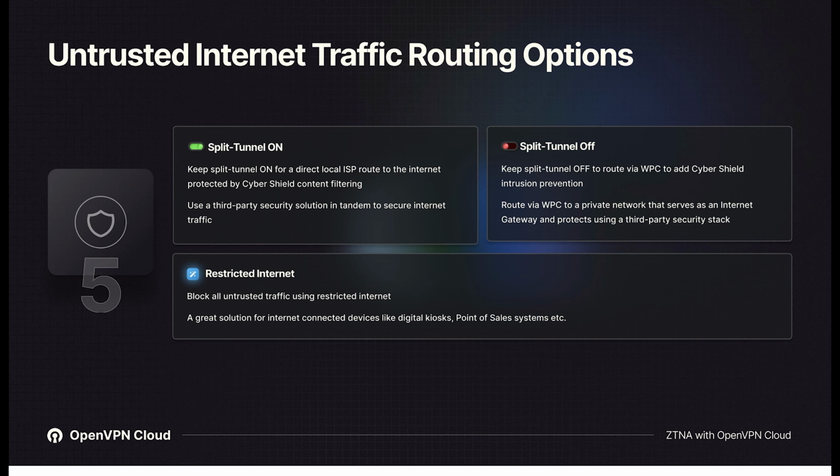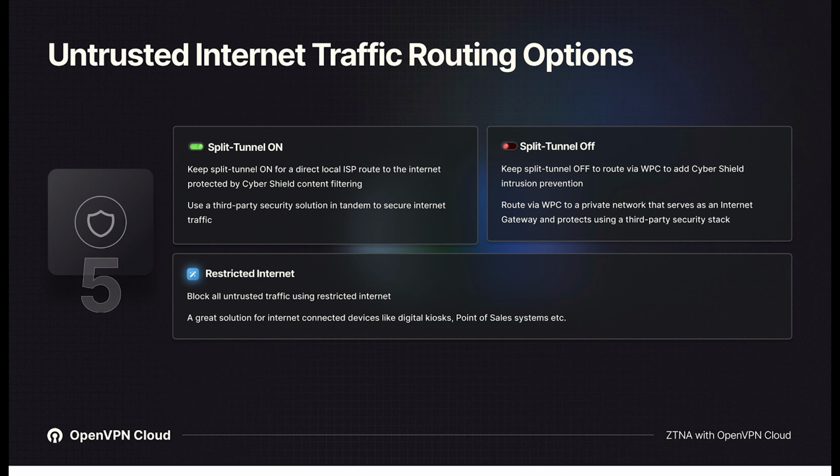Well, you can completely block it, as shown in the restricted internet options at the bottom of the slide. Or you can route everything, even the untrusted traffic, to the WPC. This basically allows you to use our IDS service and bring the traffic to one of your internet gateways or your on-prem security stack.